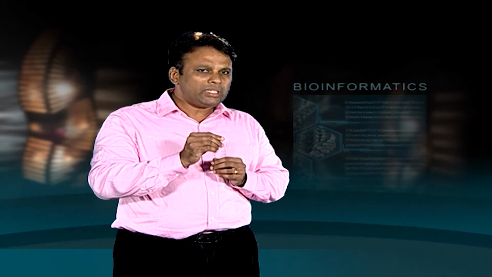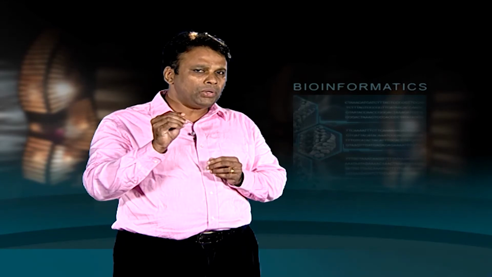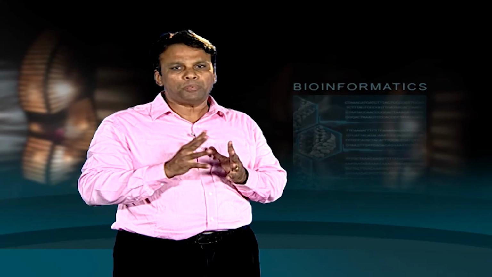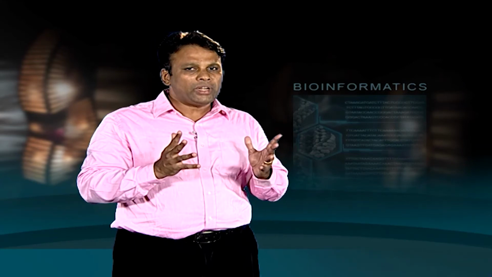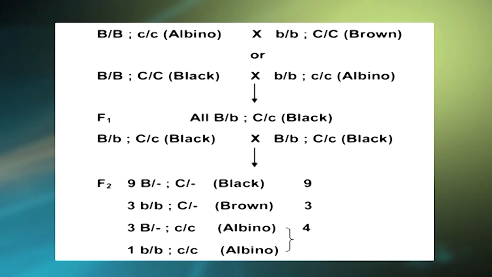The small c constitution produces a standard recessive epistasis modified ratio in the following cross. Now, we look into a cross between albino and brown, or black with albino. In the F1 generation, the progeny are black.